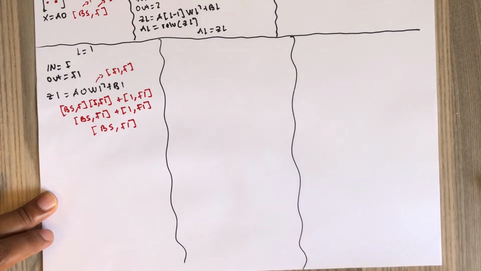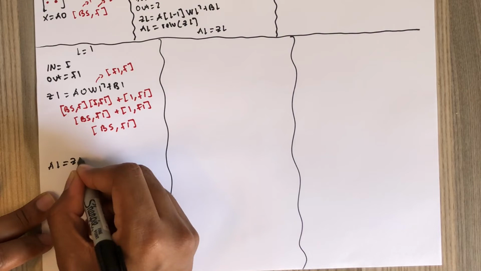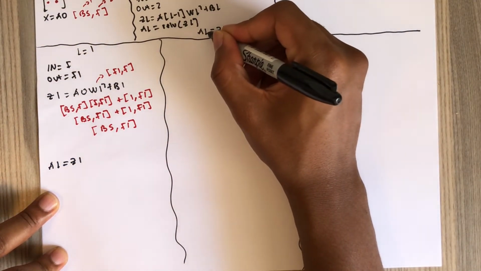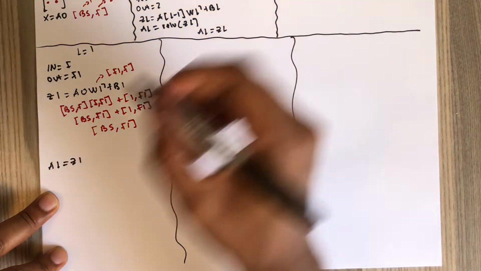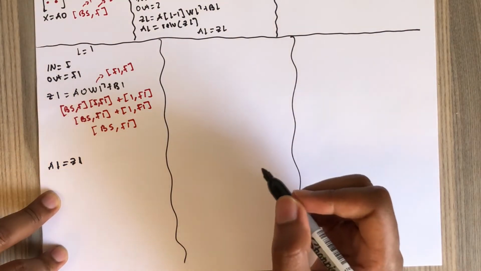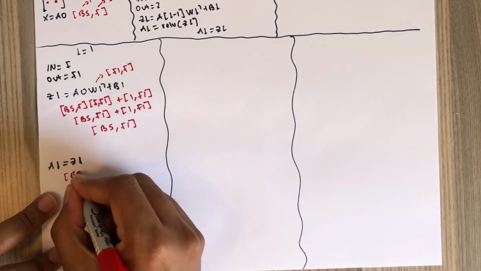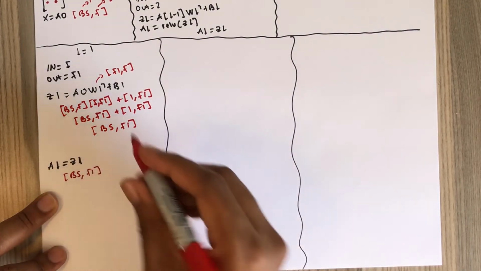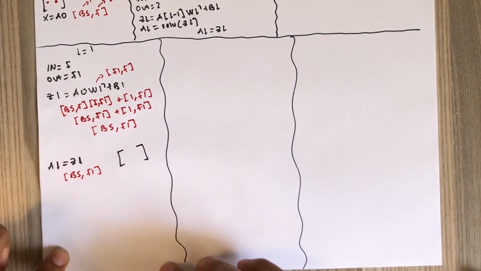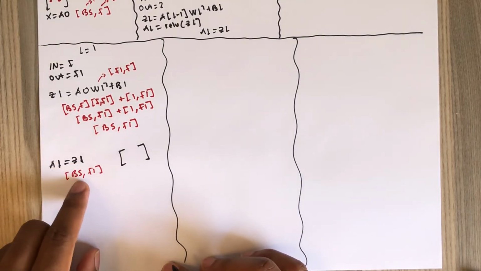Then you can say AL is ZL, because we will not apply any ReLU, so we are just going to say A1 is Z1, and they both have the same dimensions. But don't forget, these are all tensors. I mean, the result is a tensor that has a dimension of bs by f1.